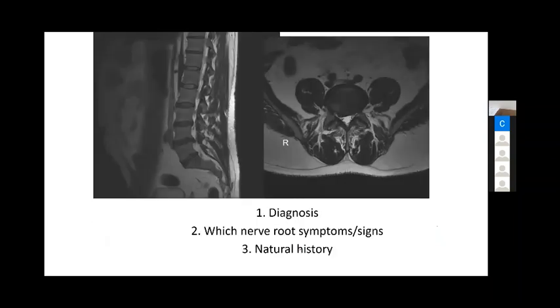Okay, this is a simple one. This is Anupam. Sir, these are the MRIs of the lumbar spine, sagittal and axial sections.